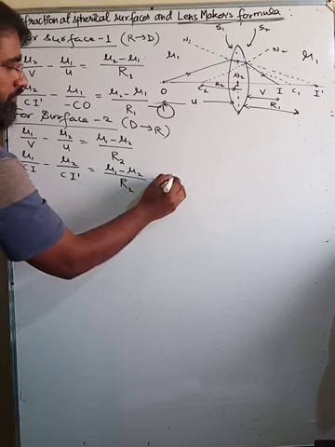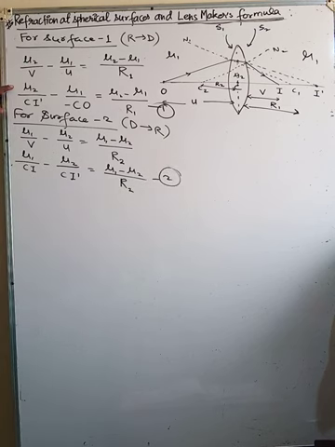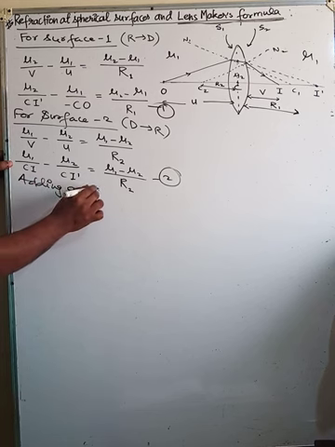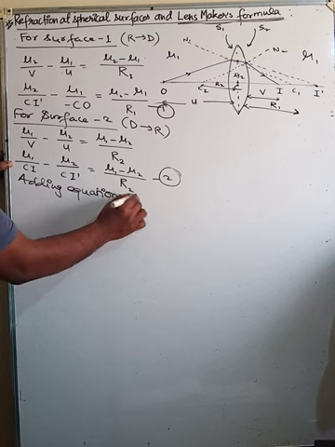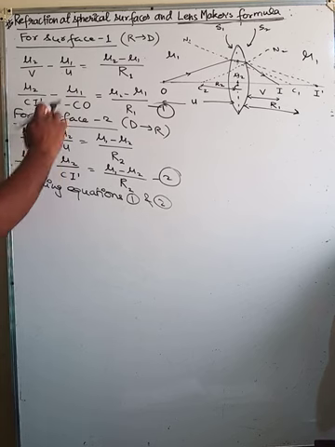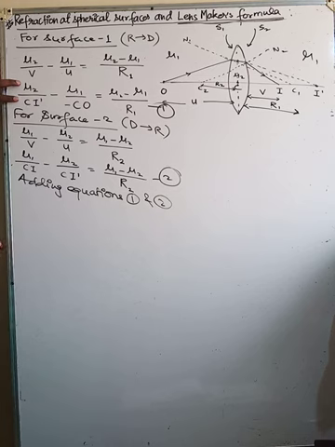This is equation number 2. Now let us add equations 1 and 2. Observe this: mu2 upon CI dash is positive in one and negative in the other, so this term will be cancelled out.